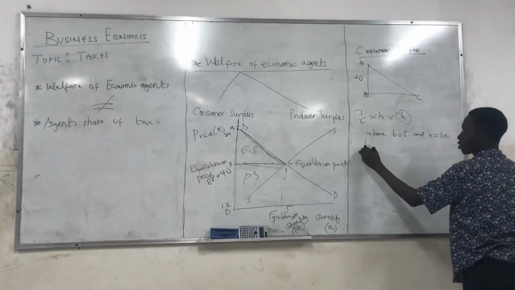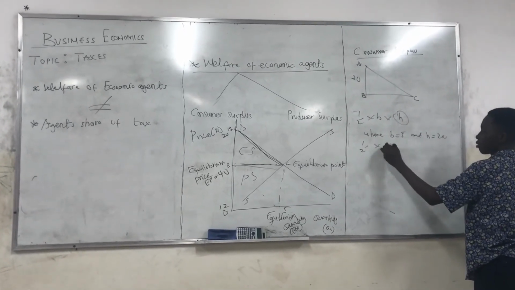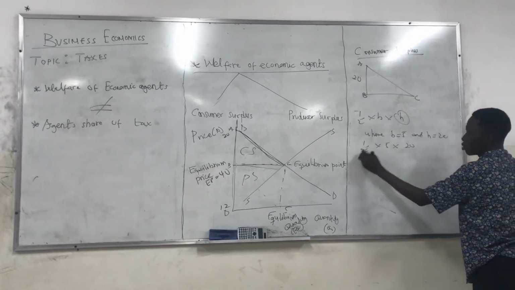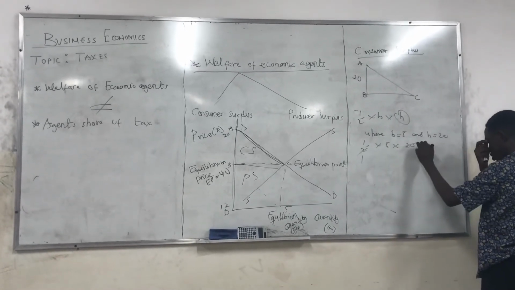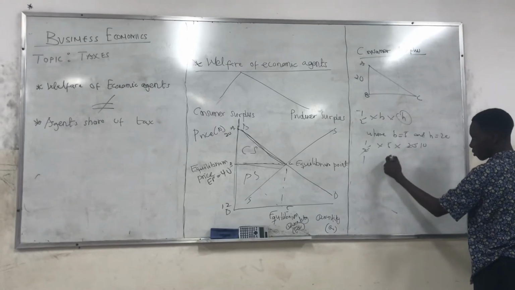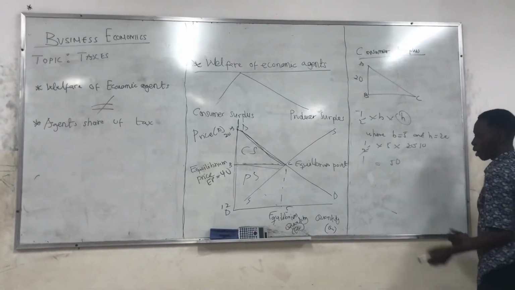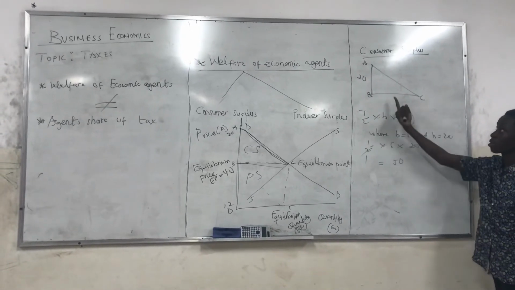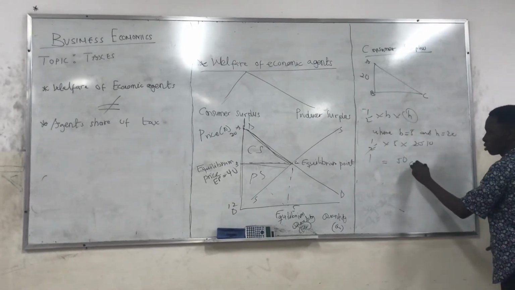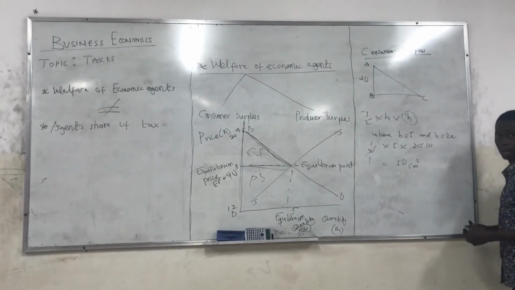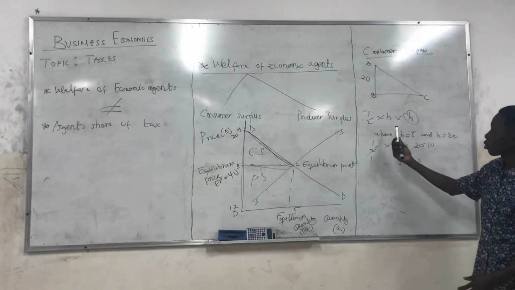So we have half times base 5 times height 20. 2 goes here, 1 goes here, 10. 5 times 10, 50. But we don't leave it this way. Remember it's a triangle. So it's centimeter square. So that's how we calculate for the consumer surplus.